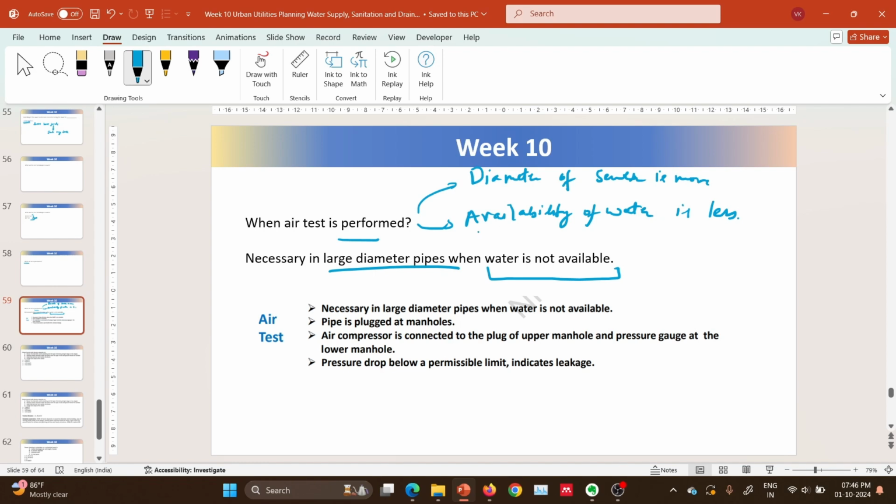Water is so necessary for large diameter pipes, so the air test is used when water is not available.